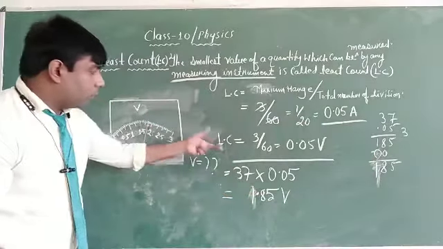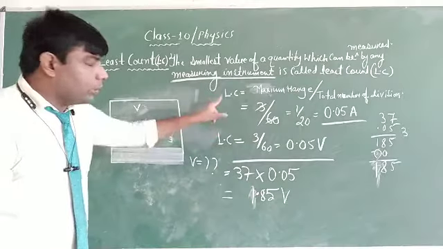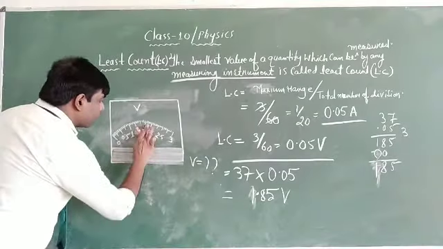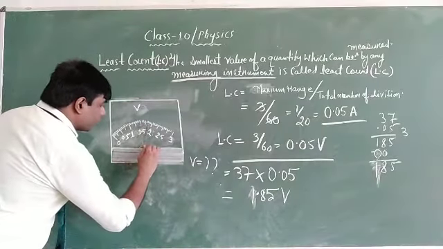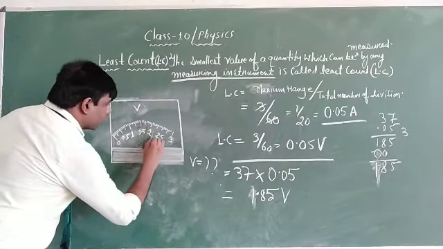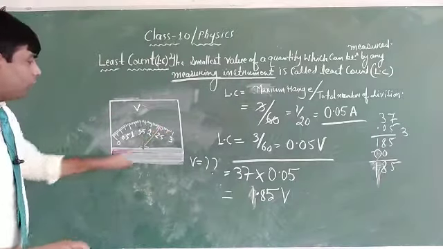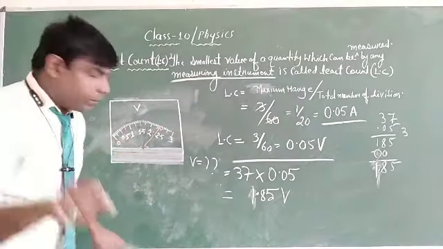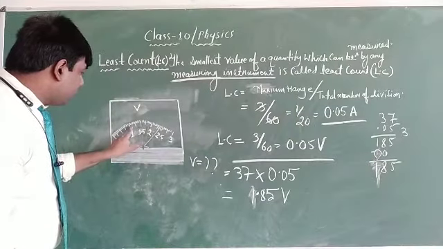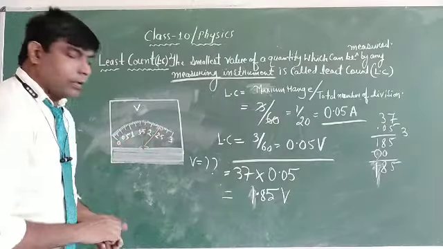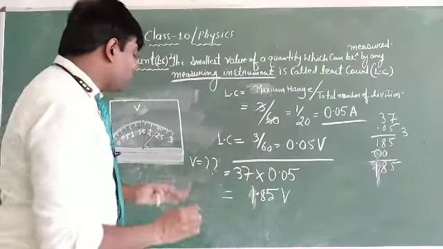See, this is your advantage. Knowing the least count, you can directly calculate. For example, let us say the pointer is at this position. So what do we have to do? We have to find out the number of divisions here. 10, 20, 30, 40, 45, 46, 47. Now the number of divisions is 47 here.